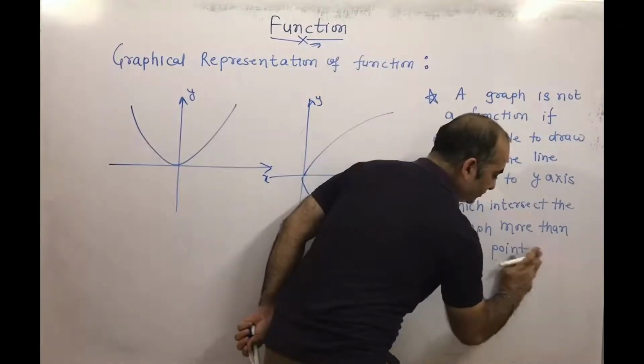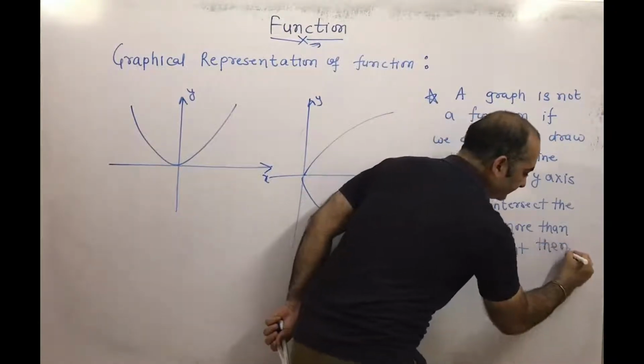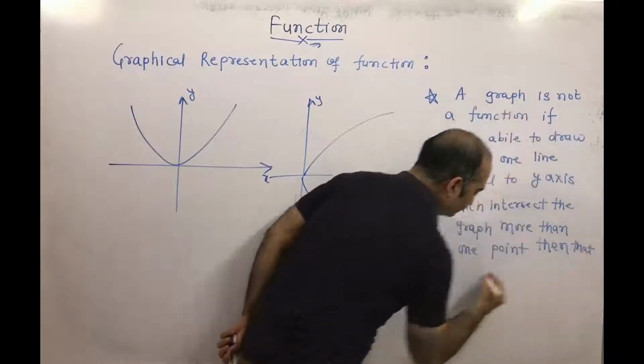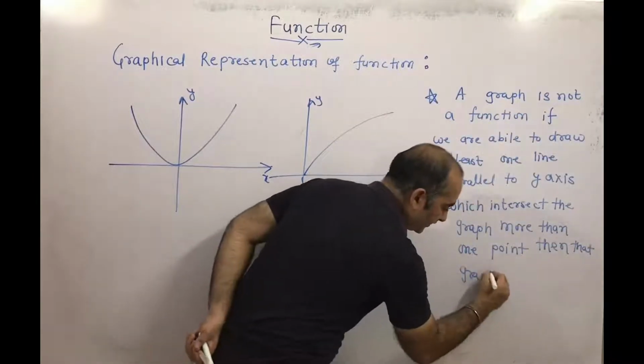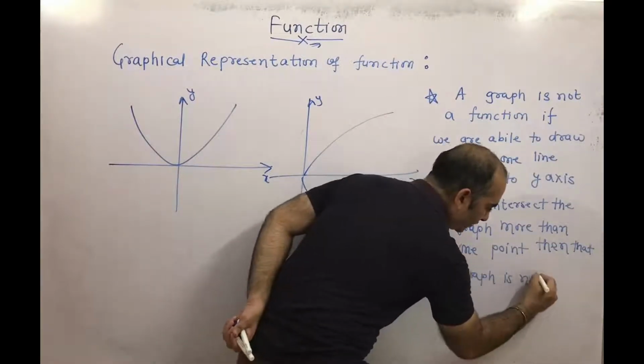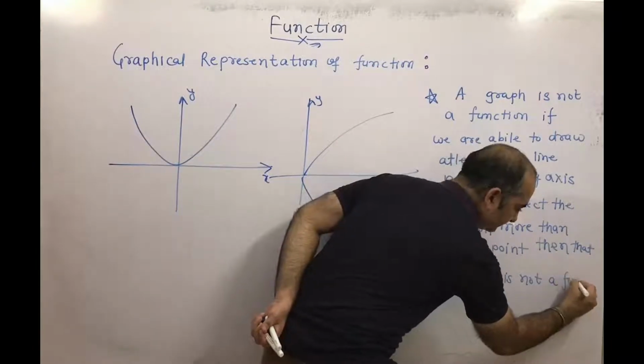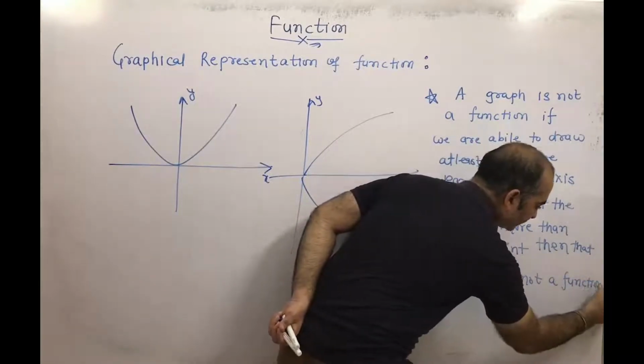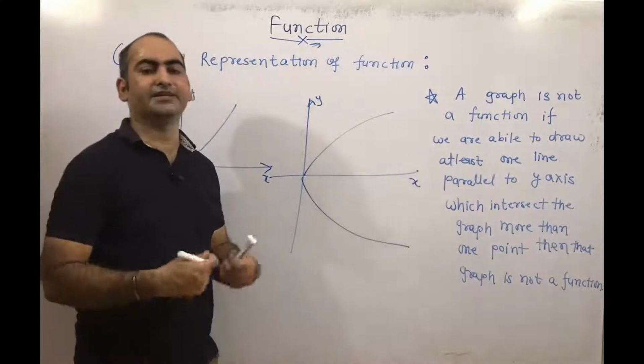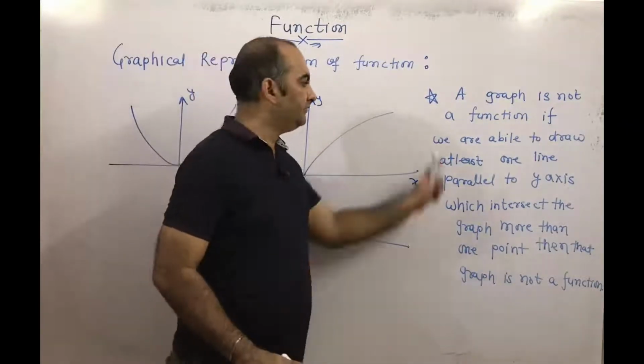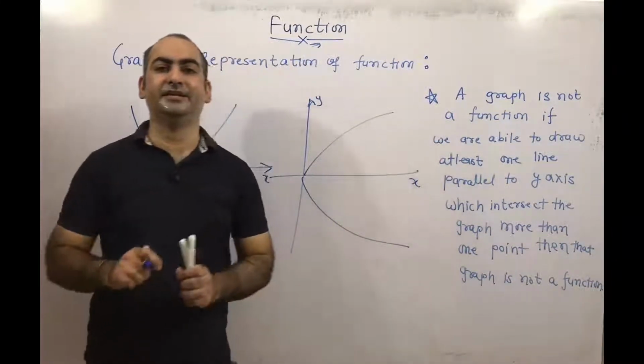Then that graph is not a function. Else we can say that the graph is a function. If this condition is not there, then we can say that the graph is a function.